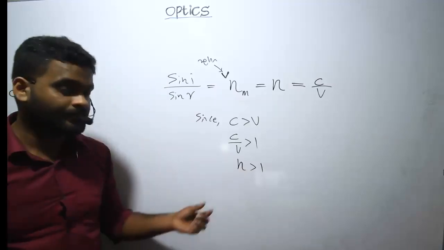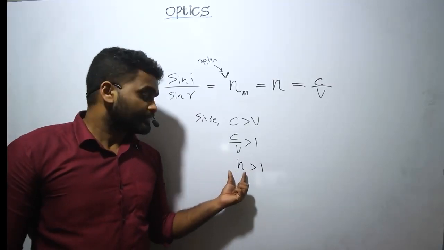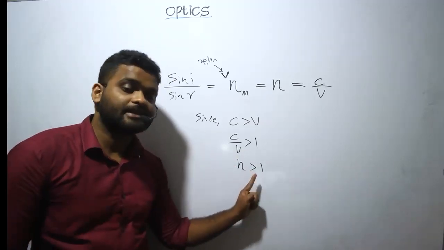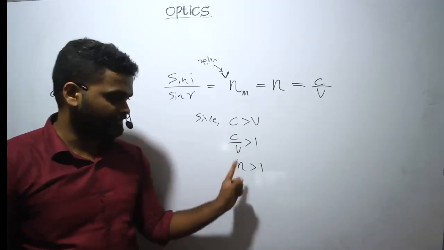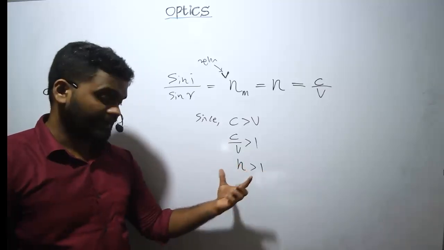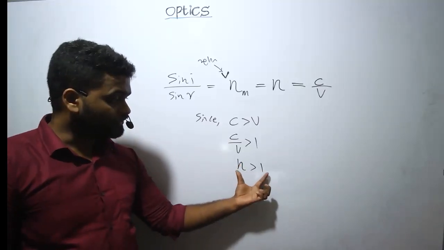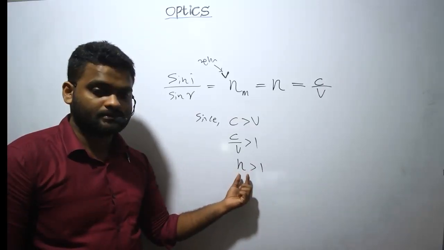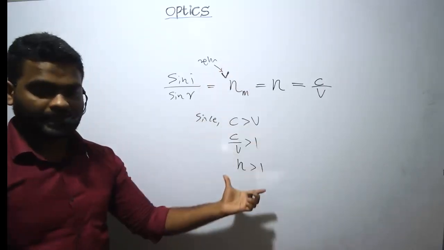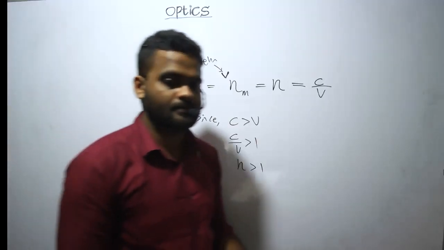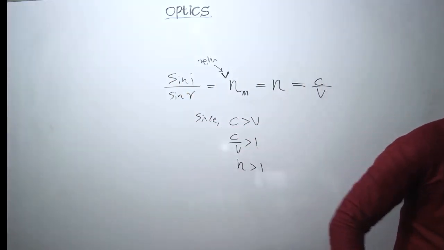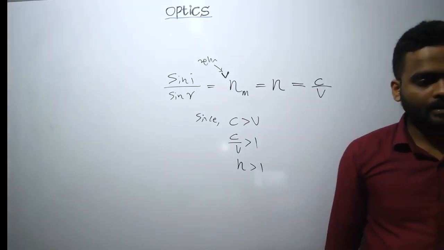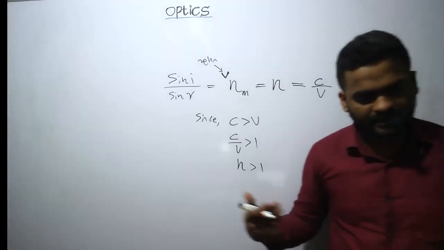So absolute refractive index of any medium is larger than 1. Any medium means except a vacuum. A vacuum we don't consider medium. So refractive index of any other mediums is larger than 1. Understood? Take this down. As I'm explaining, take notes.